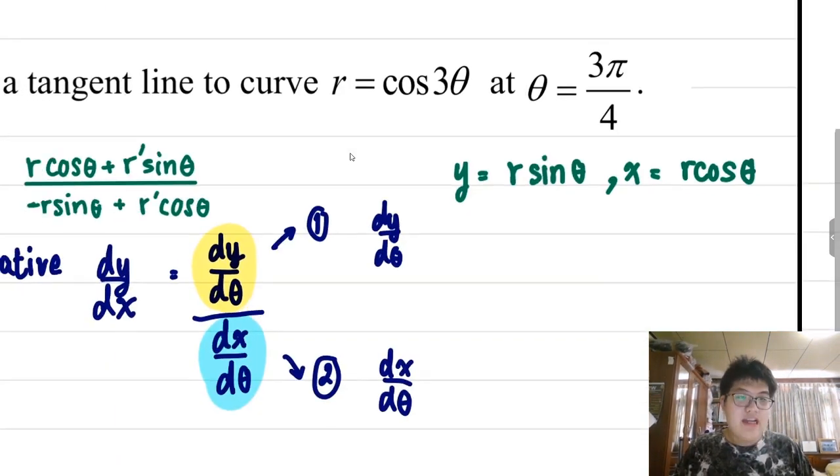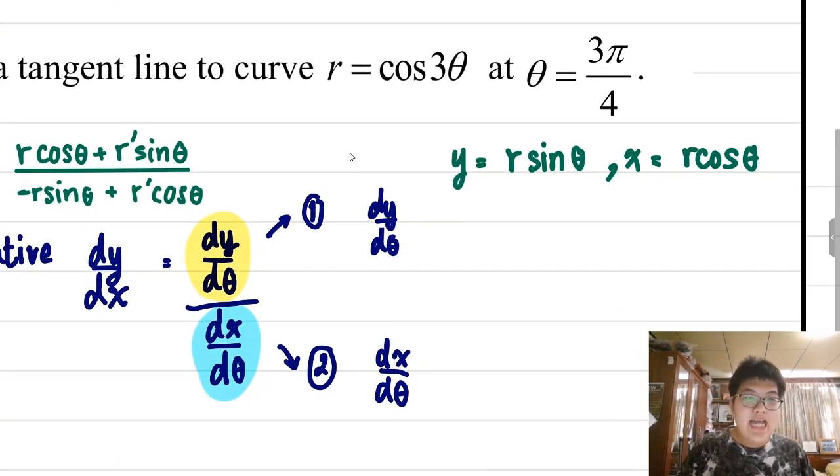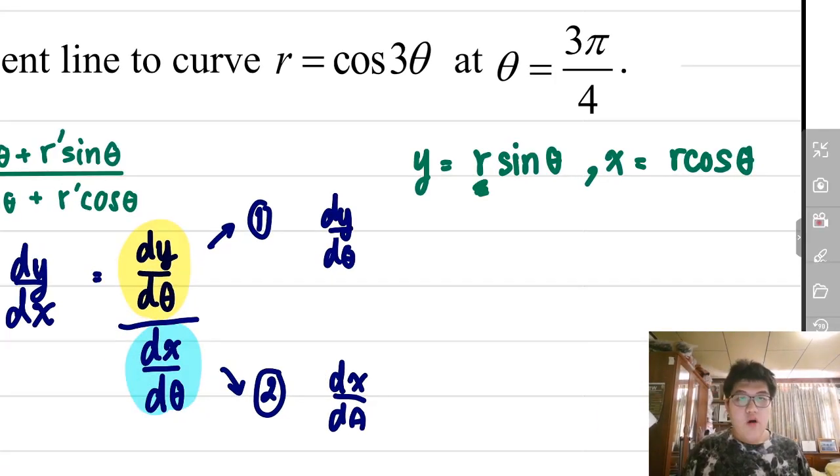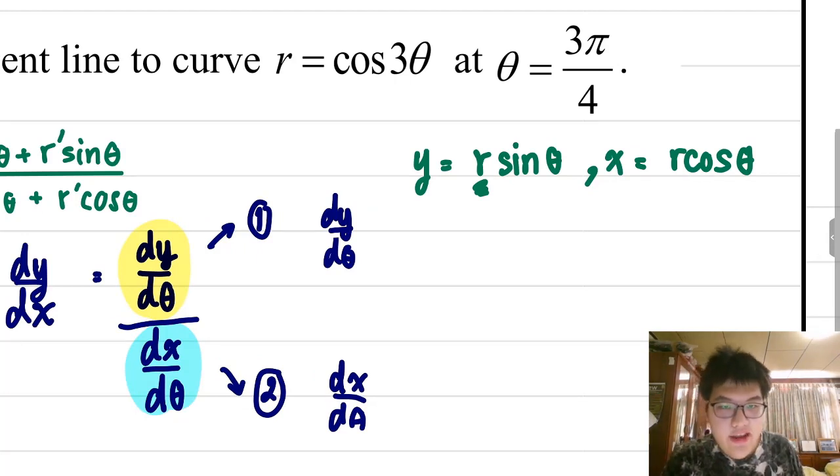Yes, and you get a relationship. Then how to do next? When you have these values, you find the derivatives of y and x with respect to theta. Given y equals r sin theta, and r equals cosine 3 theta, we plug this value in.